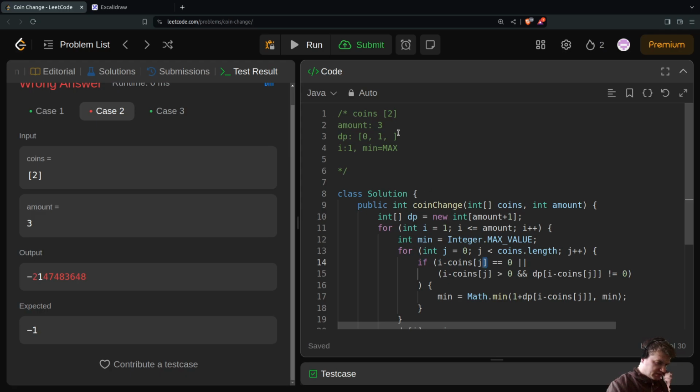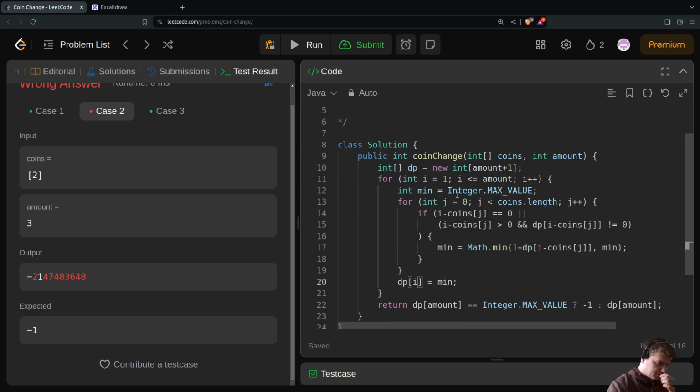I store the minimum as integer max value.